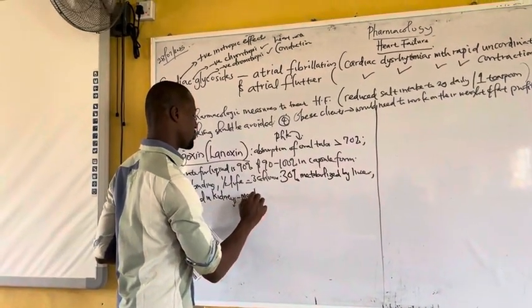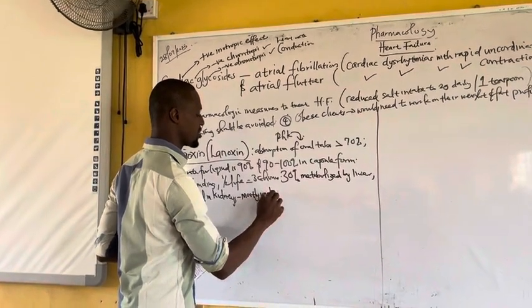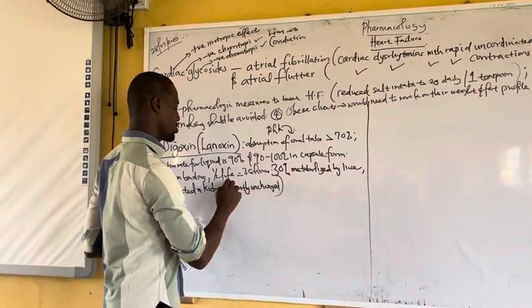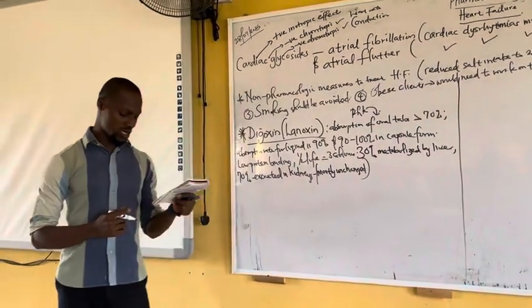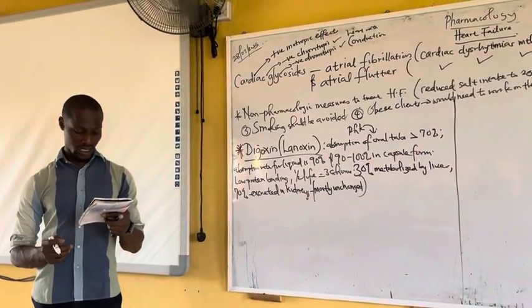So if it went to the liver, it should be changed. But if it's going to the kidney, mostly it is unchanged.